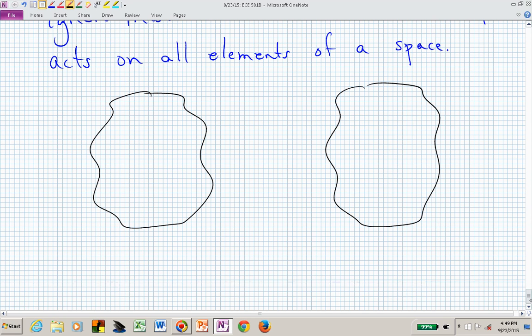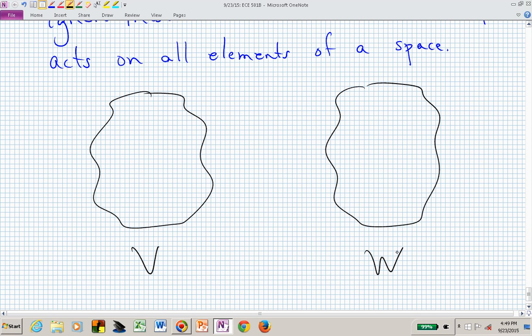Here is our domain. There's our codomain. If I have a non-surjective map, what does that mean? Pictorially. Pardon? Okay.